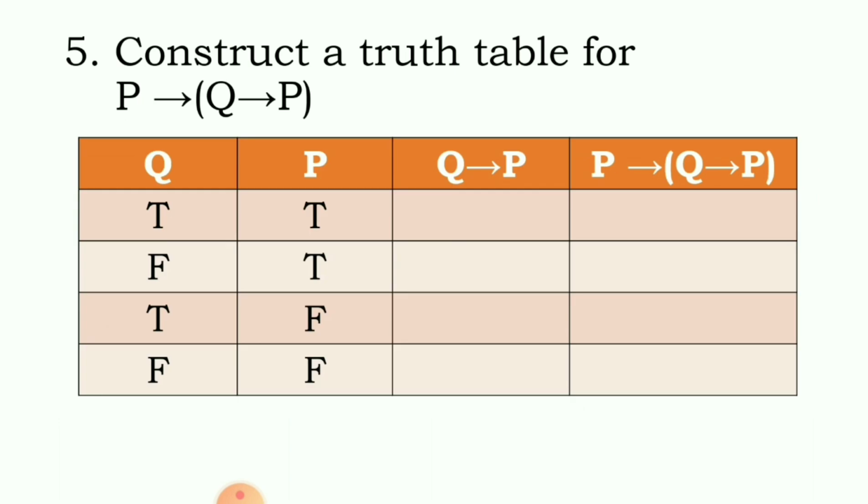Example number 5. Construct a truth table for if P, then the quantity if Q, then P. So we have the possible combinations of the truth values of the propositions P and Q. So in here, we need to find if Q then P. So Q will be your hypothesis and P will be the conclusion.